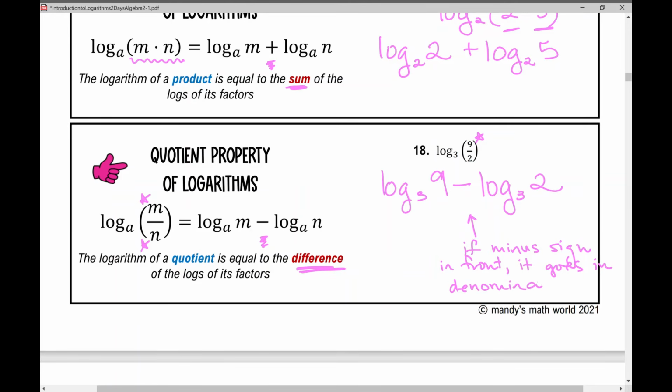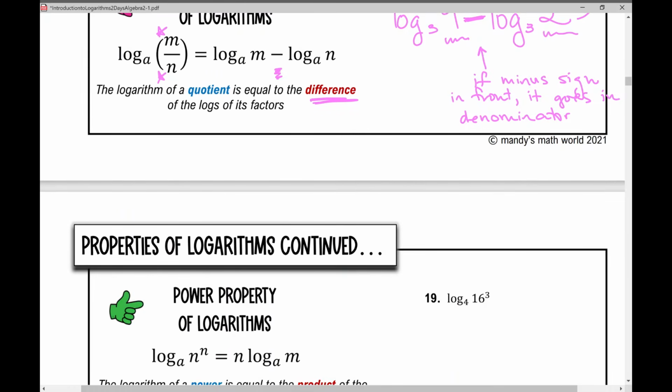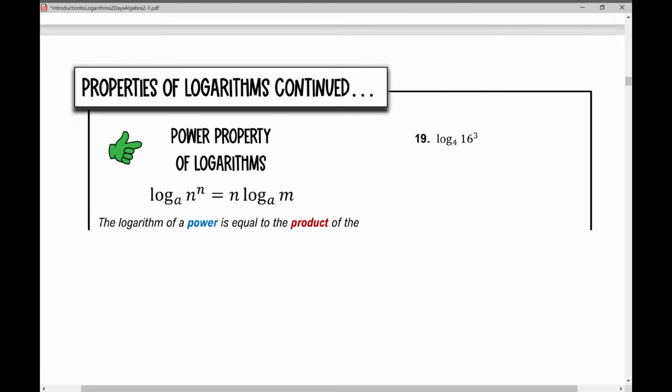So if there's a minus sign in front right here, it'll go on bottom. So if I went the other direction from this expanded form and condensed it to this up here, I would know log base 3 of, this goes in front, and then there's a minus sign right here, so this will go on bottom, 9 over 2. And we'll practice that in the next lesson.